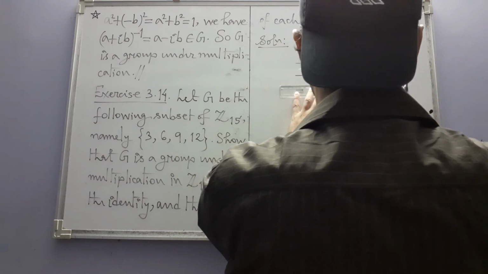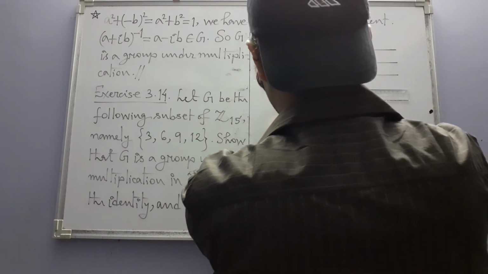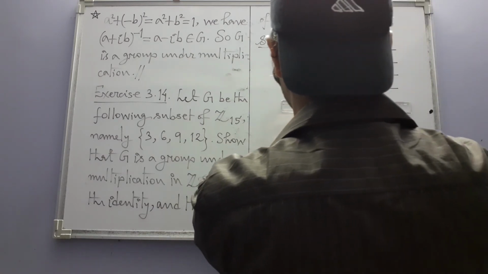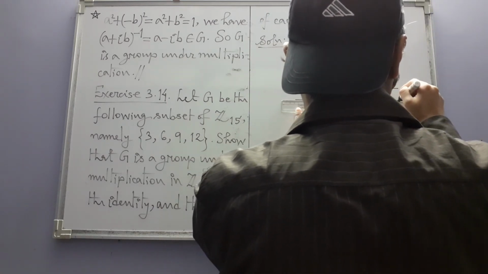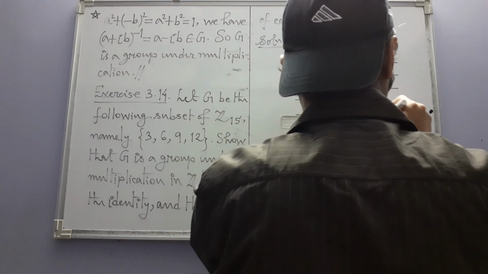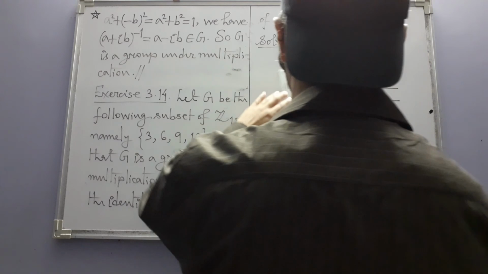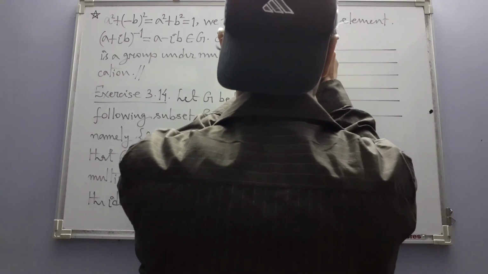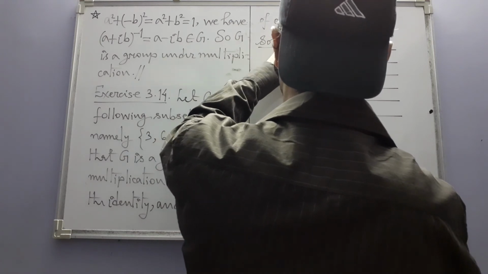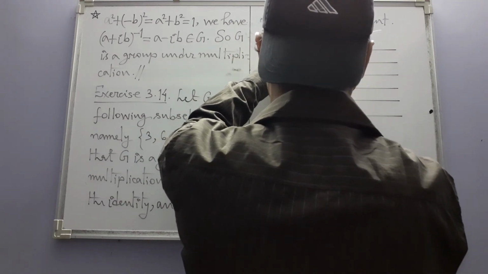So in the group table itself we will identify the identity and the inverse of each element, and I won't say anything more. You please complete the solution from this table.